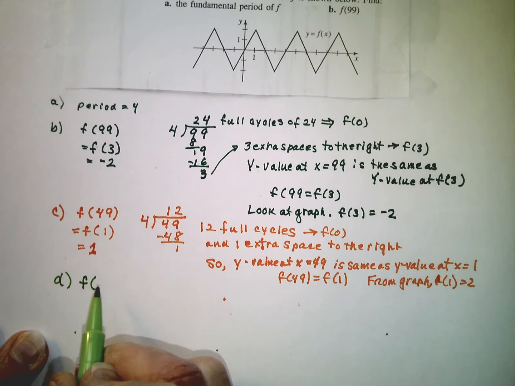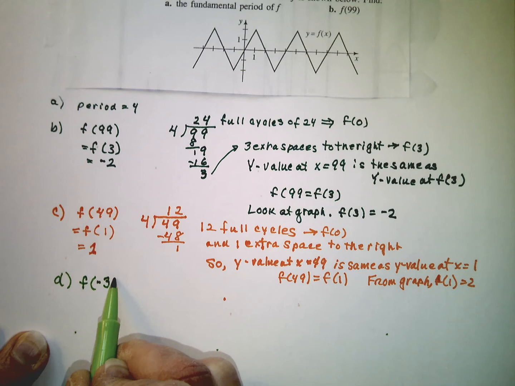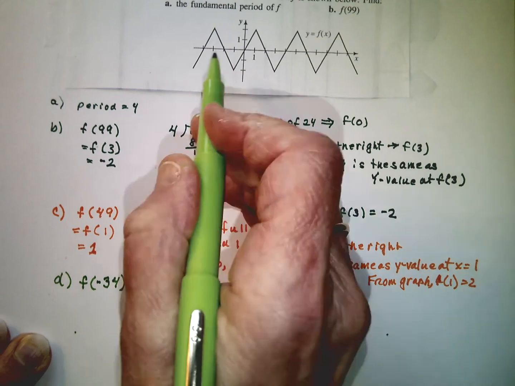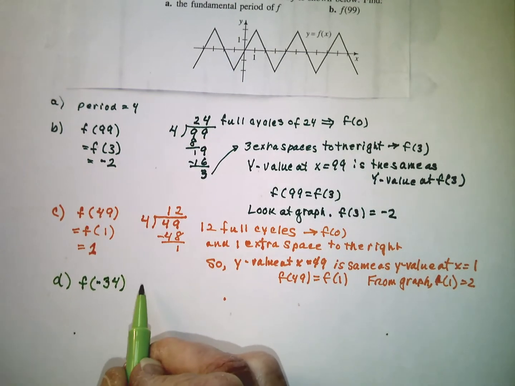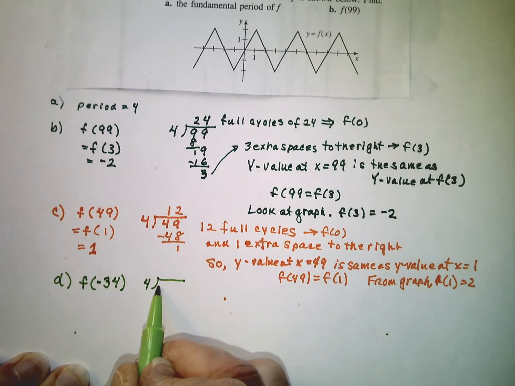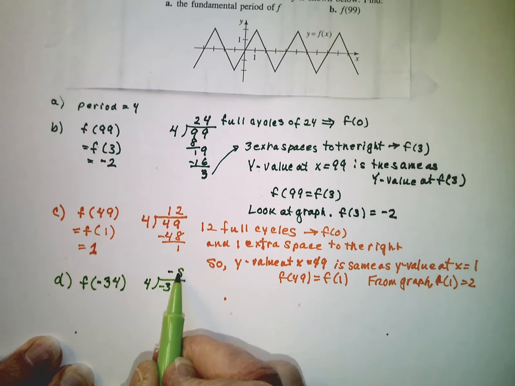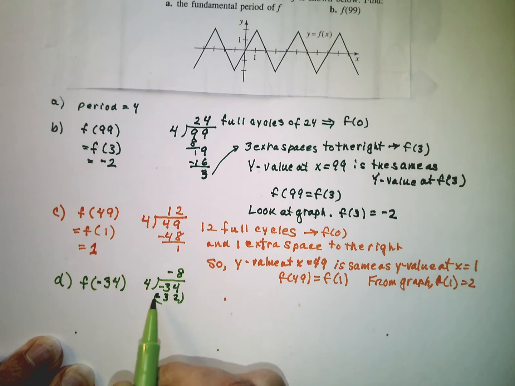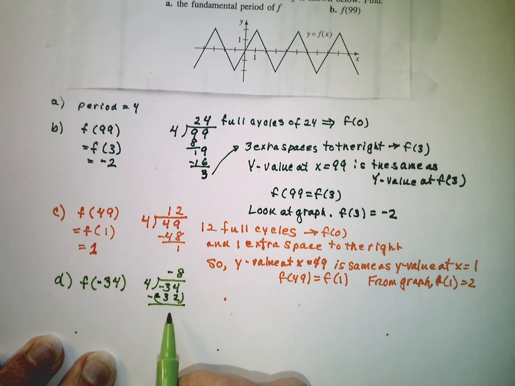Suppose it's f of negative 34. So it's headed in this direction. It's still repeating every 4 spaces, though. So we can take 4 into negative 34. That goes negative 8 times. And when we subtract negative 32, that's like negative 34 plus 32. So we have a remainder of negative 2.